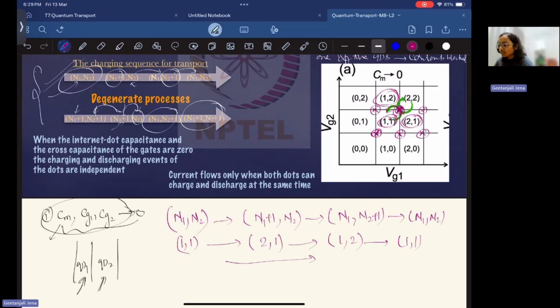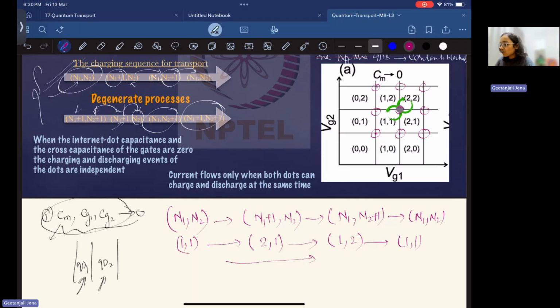So if you apply this amount of VG1 and VG2, there is a possibility of getting charge fluctuation, and so a possibility of getting current through this system. The main takeaway from this square lattice diagram is that to see the charge transport, we have to apply the gate voltage which lies on this charge triple point.